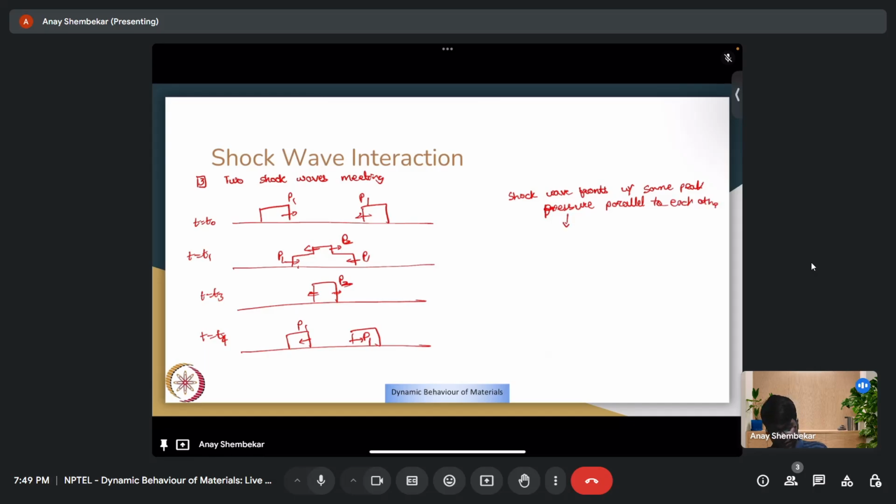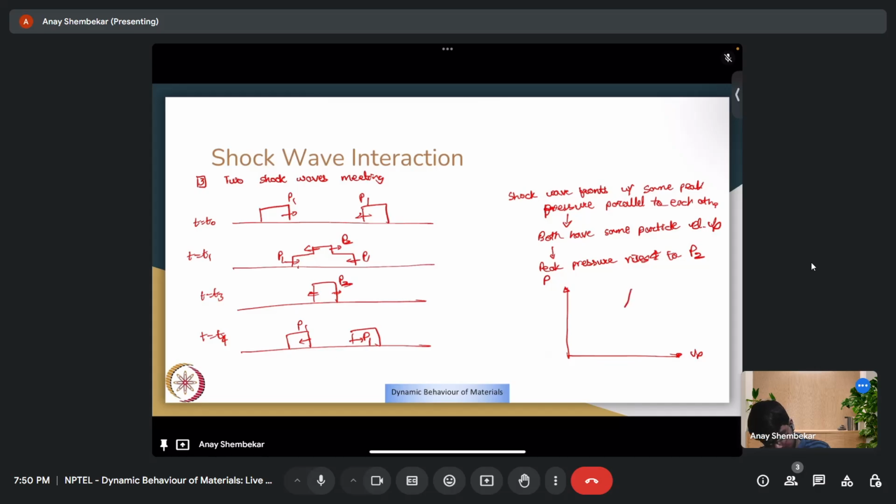Both have the same velocity, both have the same particle velocity UP, and then you also see some release waves in between the interaction, and then it goes out. So the peak pressure rises to a value corresponding to the velocity 2 UP.